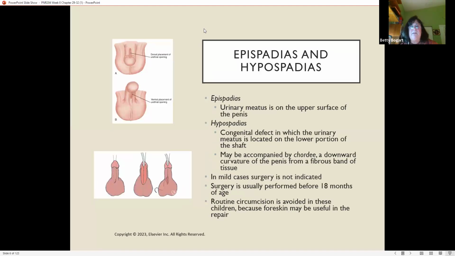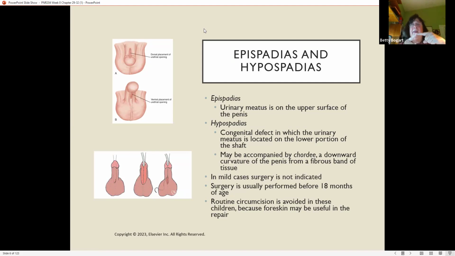Now, hypospadias, epispadias. Sometimes these are accompanied with a syndrome, like DiGeorge syndrome, like Pierre Robin syndrome. It's one of those things that could happen with it. So what is it? Well, the urine usually comes out through the urethra at the tip of the penis.